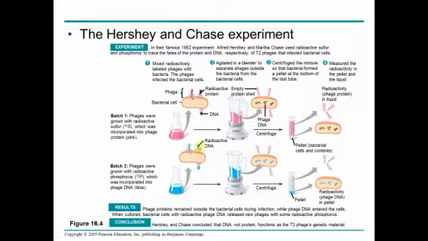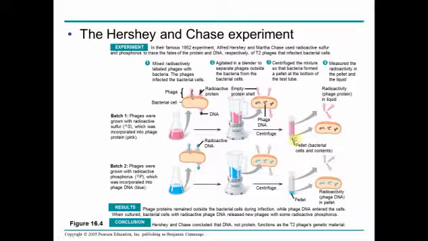Then they allowed them to infect bacterial cells, and they tried to identify which part was radioactive. And when they took the protein-labeled ones, what they discovered after centrifuging down post-infection was that the pellet at the bottom with all the bacteria was not radioactive, but the supernatant, the fluid on top, was.